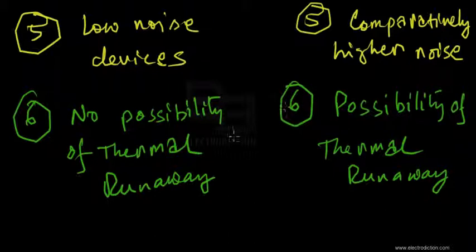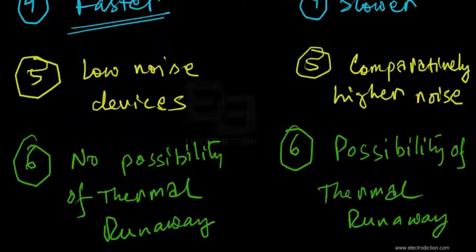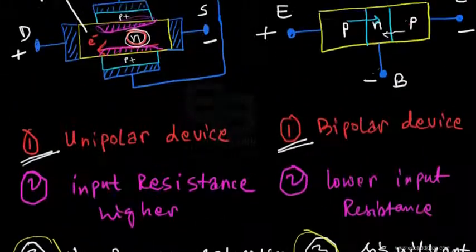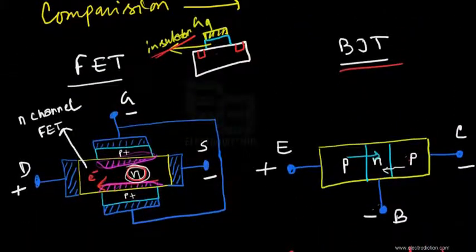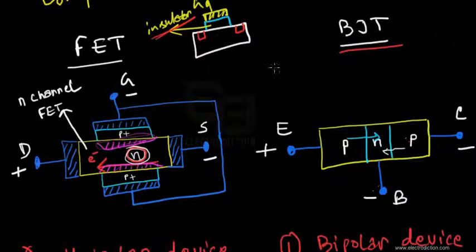Now we have come across all sorts of differences between the two types of device, and finally we'll come to the last point of difference in this tutorial. Inside the FETs, we control the amount of current that flows through the channel by controlling the reverse bias voltage on the gate terminal right over here.